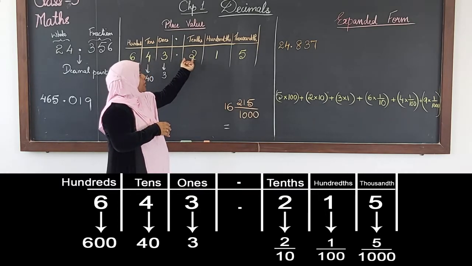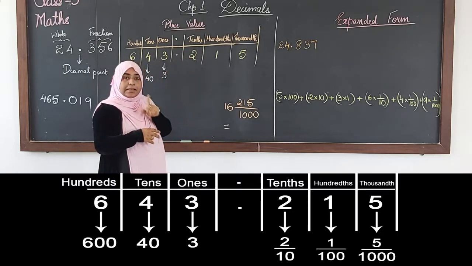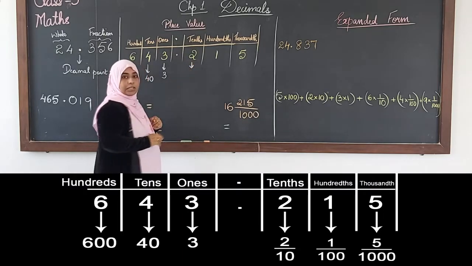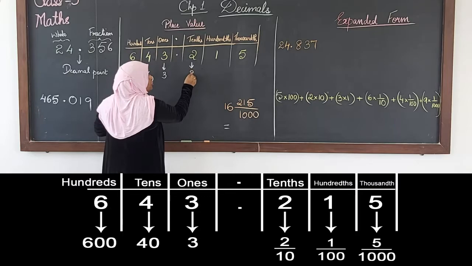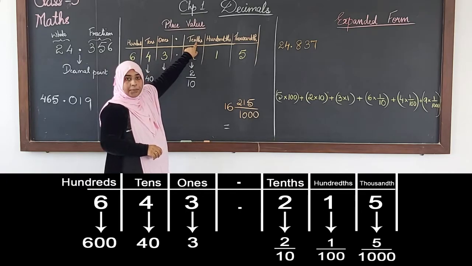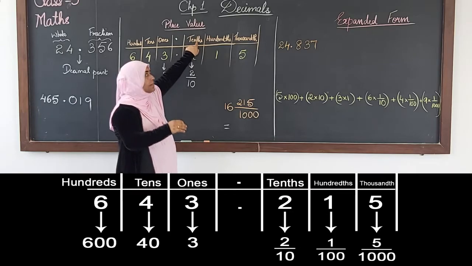So here 2 parts are selected, or 2 parts out of 10. So the place value of this digit will be 2 out of 10. The first place in the fractional part is tenths.